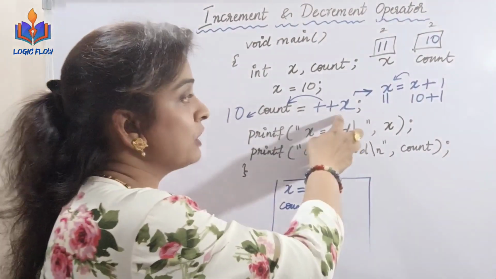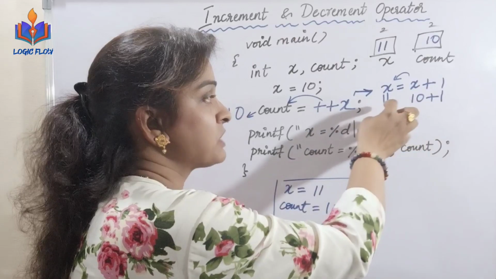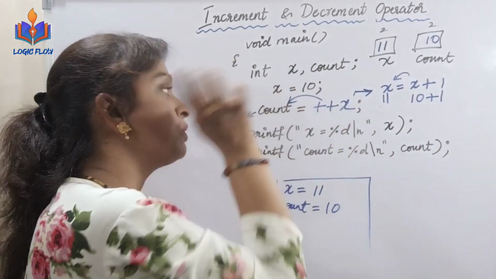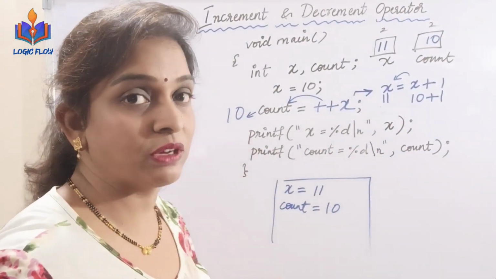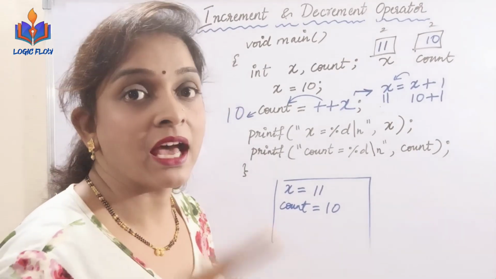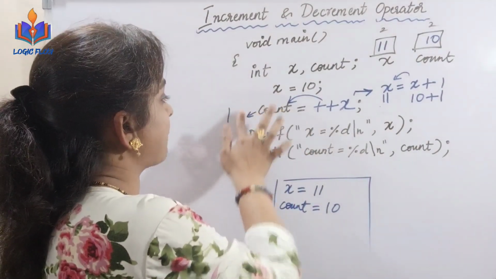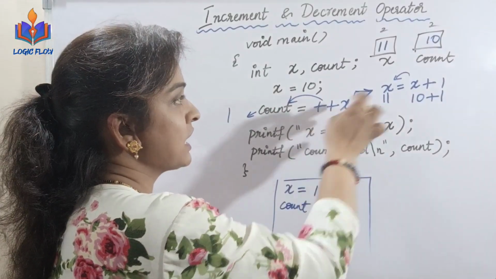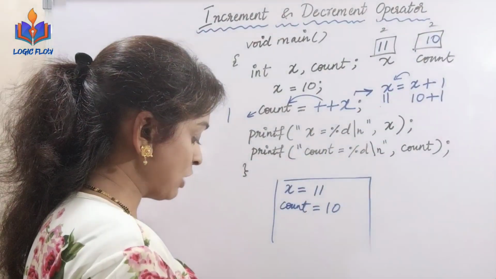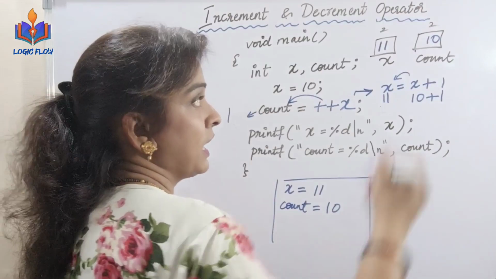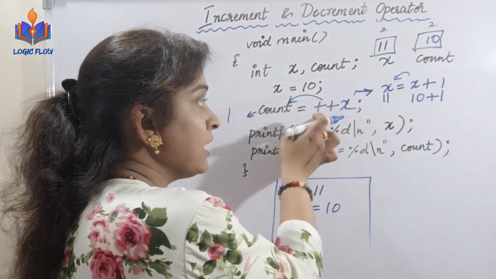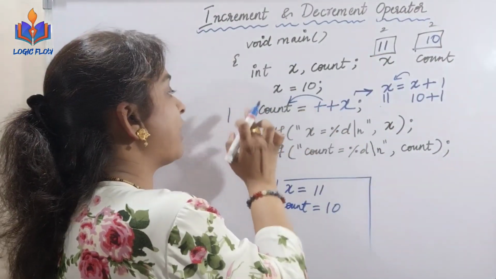So x value will be increased. x value becomes 11. Assign that to count. Incrementation will be done first and then assignment will be done next. So now the count value, what happens? x value gets increased. x becomes how much? The value of x becomes 11 and assign that incremented value to count.